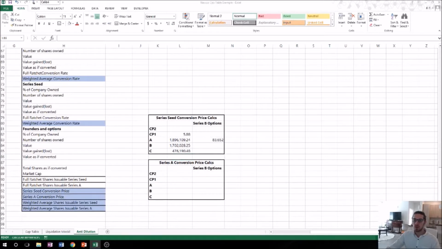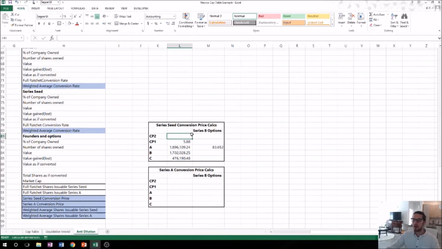So after we finish those, we can go on and calculate CP2. So CP2 is calculated just like from above.